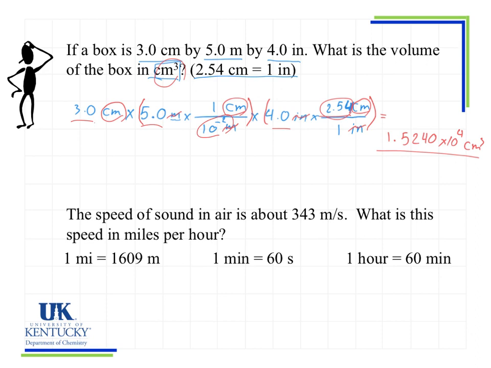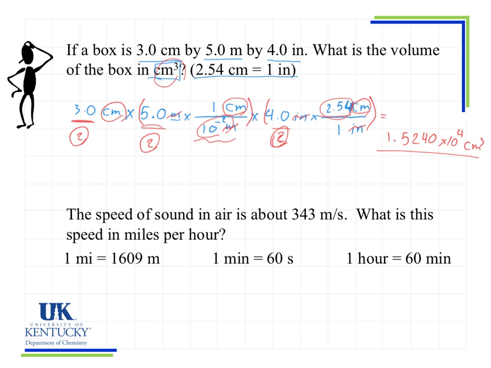How many sig figs do we have in this first number? We have 2 sig fig here, 2 sig fig here. We do not consider the conversions because they're exact numbers. And 2 sig fig here. This is also a conversion. We just talked about this. This is not 3 sig figs. It has infinite significant figures, so we do not count that.